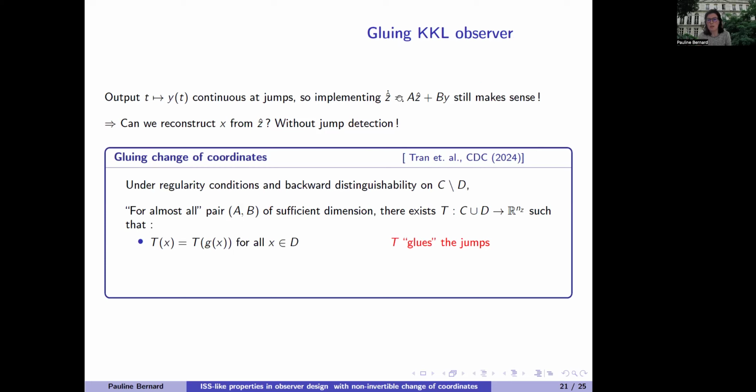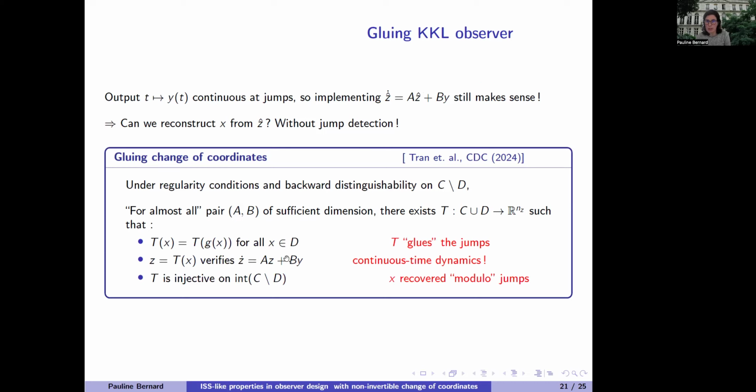Z is continuous. So you have this gluing property, which says that the value of T before and after the jumps are the same. In the new coordinates, you are continuous time. Okay, this is what we call gluing.